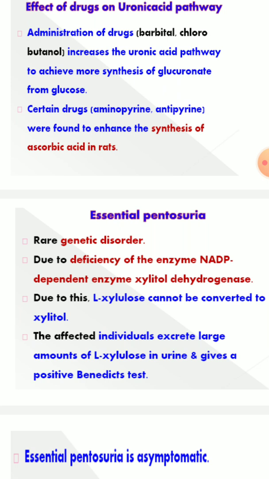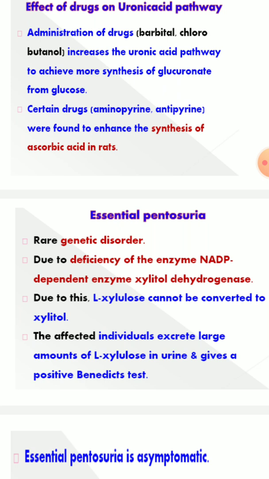The affected individual excretes large amounts of xylulose in the urine, and it gives a positive Benedict's test. From the Benedict's test we can confirm that the patient is suffering from pentosuria because of the deficiency of xylitol dehydrogenase.